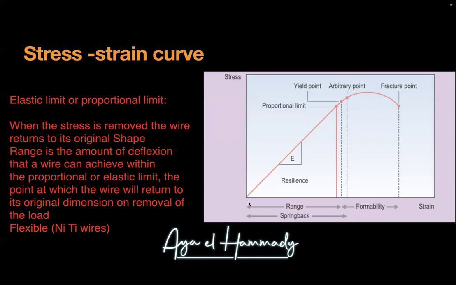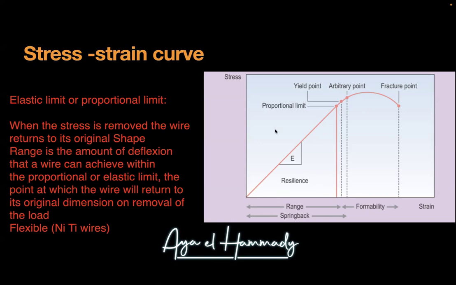So now we have two columns. Here is the range of the spring back, also called the resilience. What is resilience? This is the amount of force I give to the material that is stuck in it, the stored amount of energy. This means the resilience.